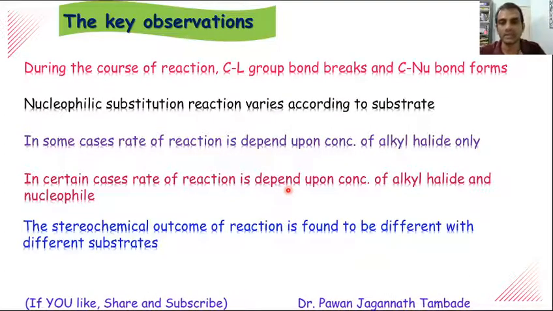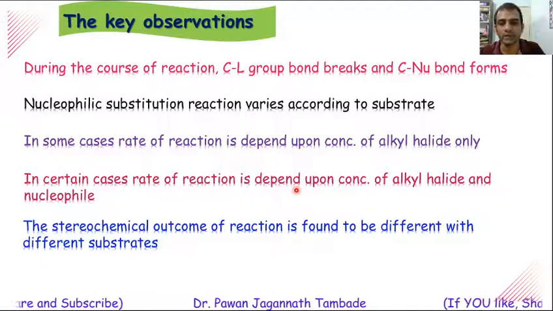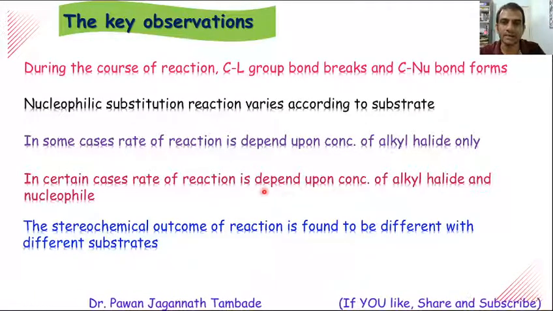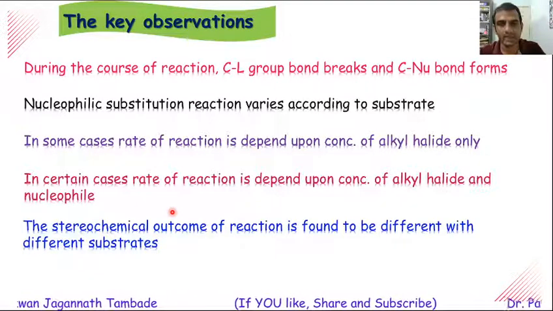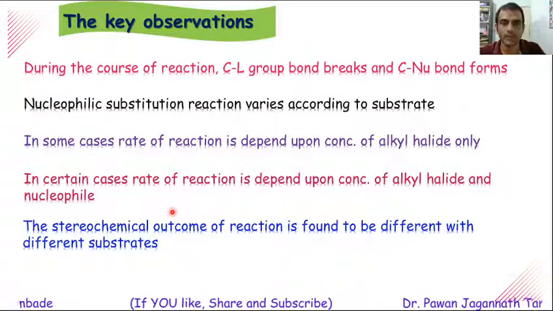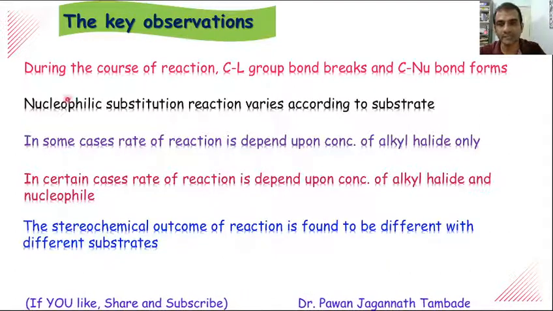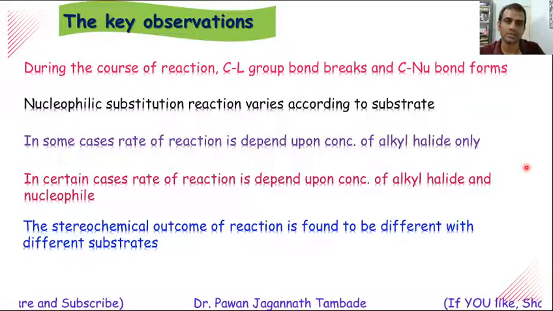And last but not the least, the stereochemical outcome of reaction is found to be different with different substrates. If we start these SN reactions with optically active substrates, it has been observed that we can get different types of product depending upon the structure of our substrates. So these are the key practical observations in nucleophilic substitution reaction.